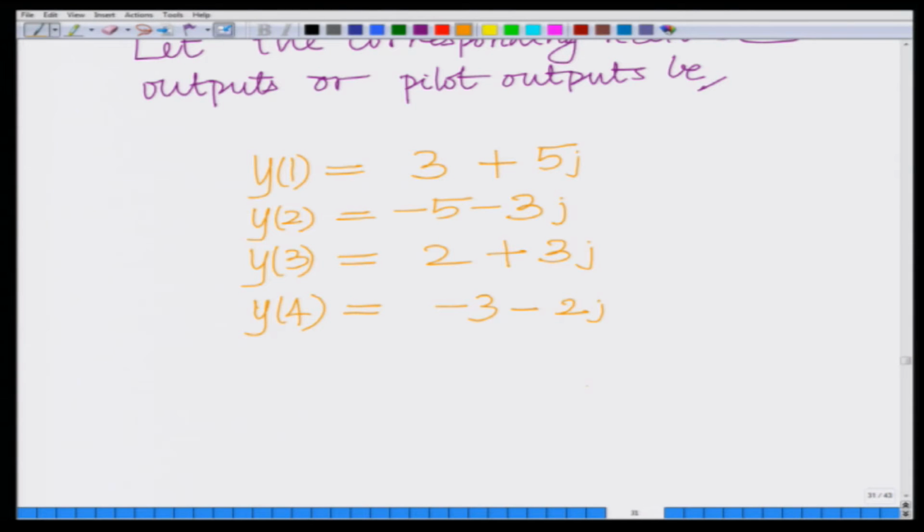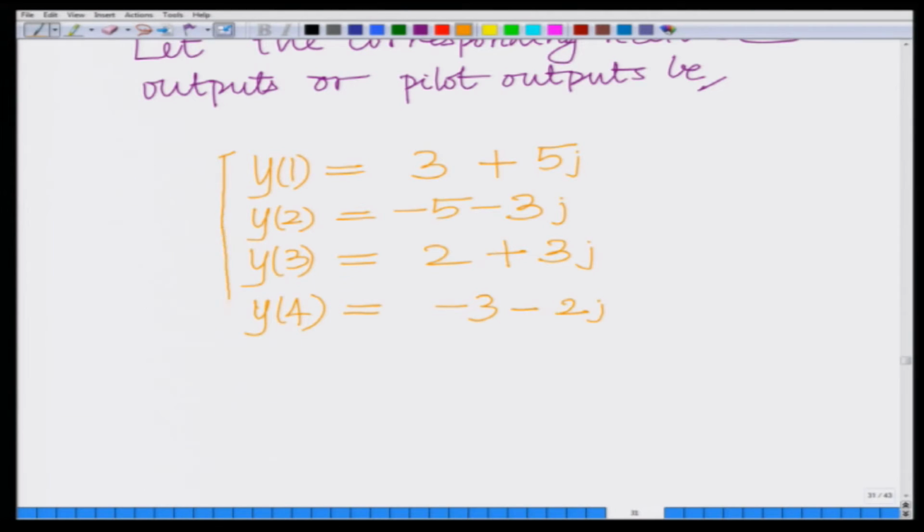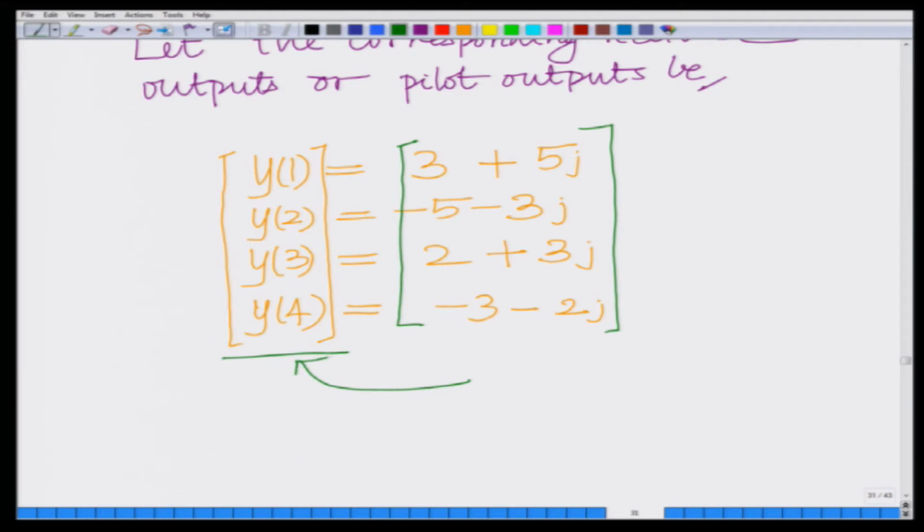Corresponding to each transmitted pilot symbol on the downlink, we have the received pilot output y1, y2, y3, y4 at the mobile, and now I can again stack these received pilot outputs as a vector to form the output pilot vector, y bar.